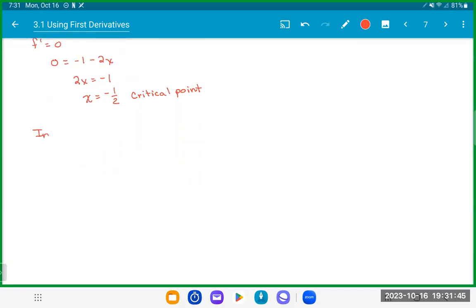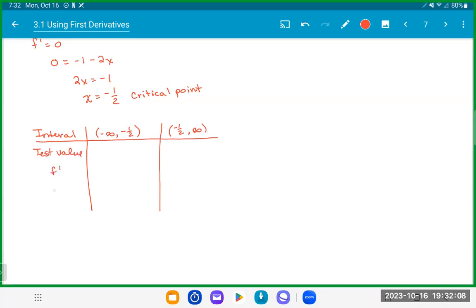So if I build out my table and I want to look at what my intervals are, I only have one critical point. I know it has to go from negative infinity to my critical point, and then from my critical point to positive infinity. Okay. I'm going to have a test value.